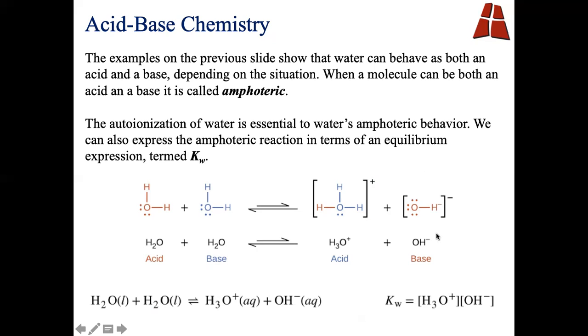Okay? We can express this in an equilibrium term, of course. If we were to put our products over our reactants, our products are soluble ions, and then our reactants are pure liquids, water. So our expression Kw is going to be equal to our concentration of hydronium multiplied by our concentration of hydroxide. Okay.